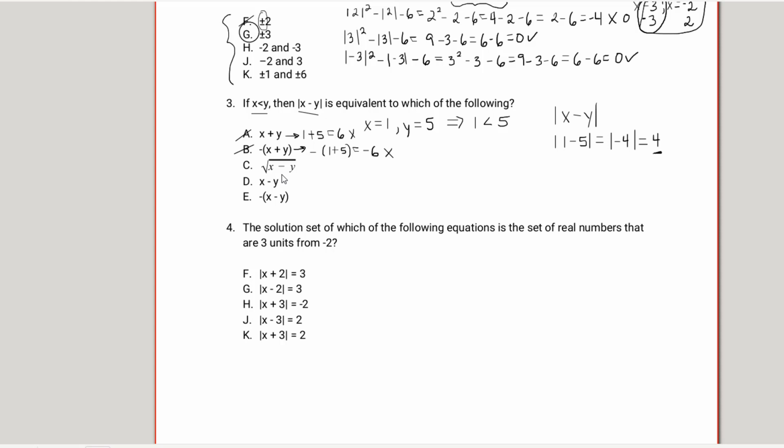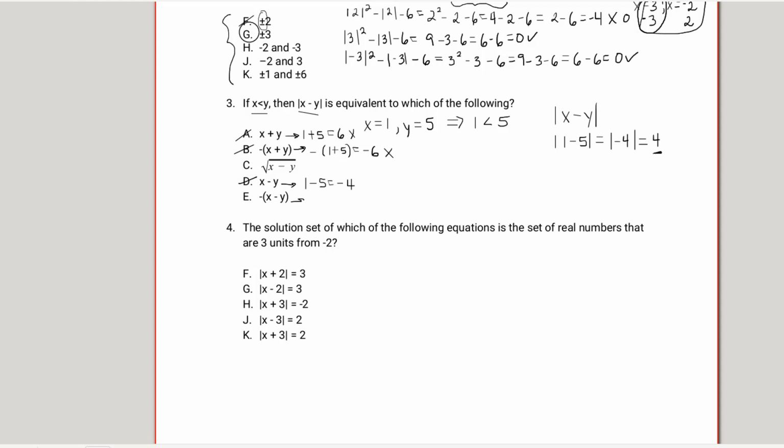And if I come up with an answer that's correct, I don't even have to handle the square root. So let's do choice D, x minus y. Again, we used 1 minus 5, and that gives us a -4. Well, we had +4, so D is out.